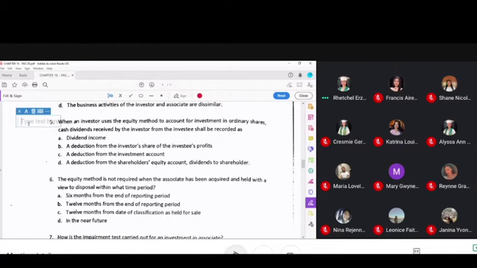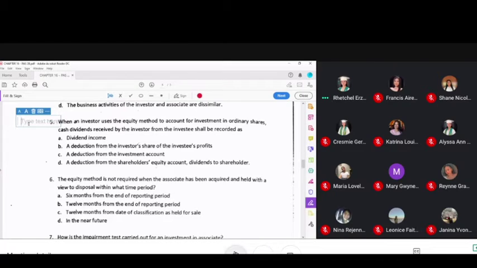Only your share in the profit or loss. So, I tell students, do not be confused with the equity method because it's very similar to the owner's equity section for sole proprietorships. The same transactions that will affect the capital account in sole proprietorships would also affect your investment in associate.